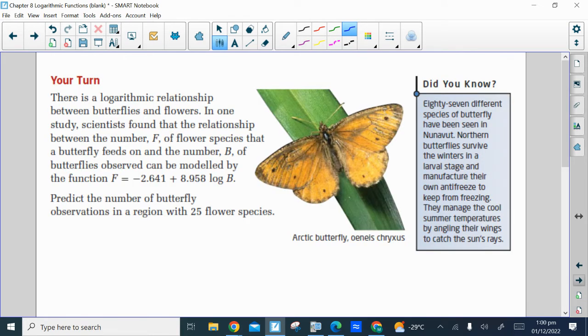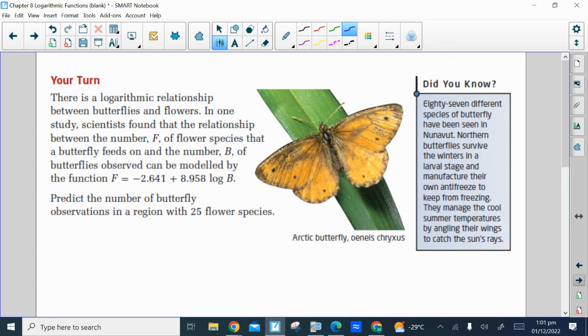Did you know there is a logarithmic relationship between butterflies and flowers? In one study, scientists found that the relationship between the number F of flower species that a butterfly feeds on and the number B of butterflies observed can be modeled by that function. Predict the number of butterfly observations, which is what B is, in a region with 25 flower species.